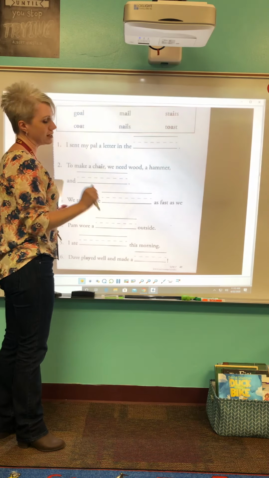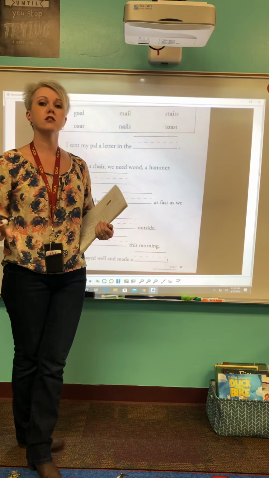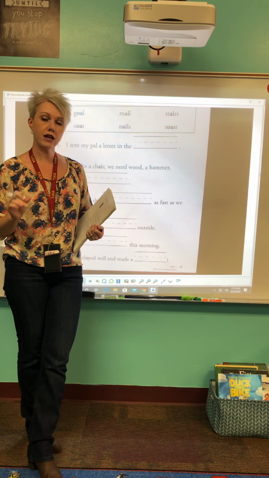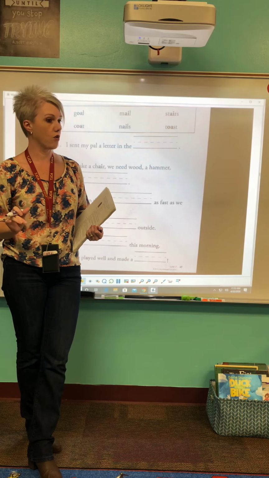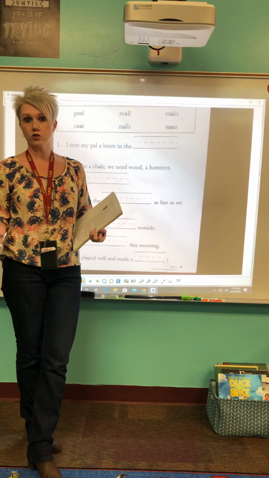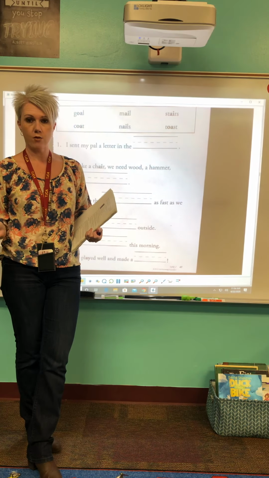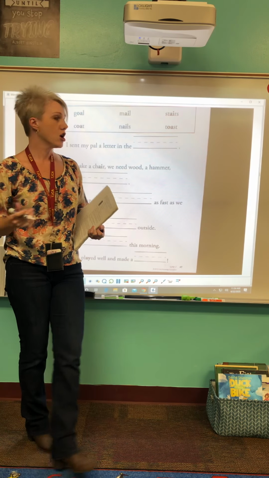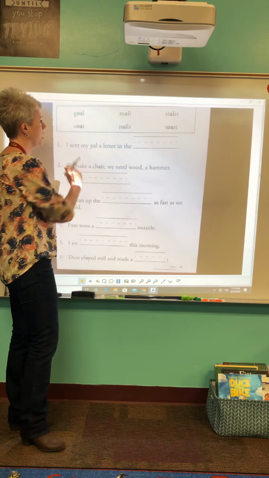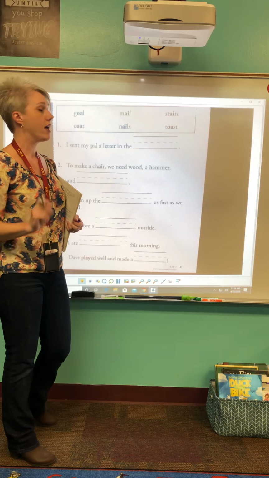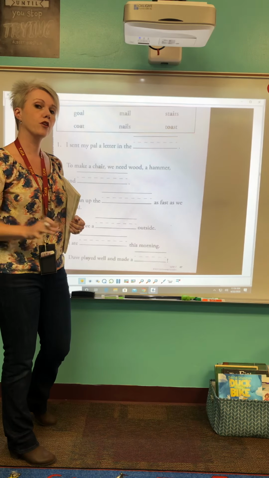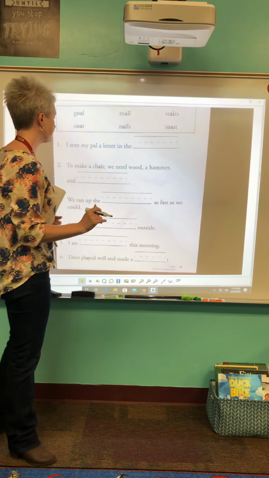And on your lesson plans for today, there's a whole list of words that have the OA spelling for the long O sound. You can go over those with your parents, or your parents can call them out and you can try to write them. You can do a dictation that way, but just try to practice them so that you get really familiar with this letter team, the OA making the O sound. And the same with all of our new letter teams. The more you practice, the more you'll have it committed to memory, okay?